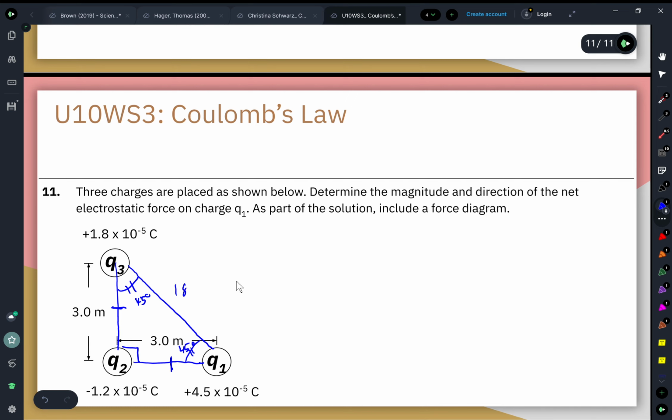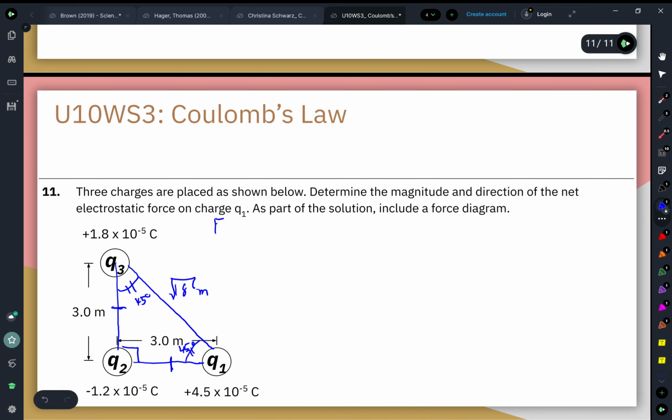But what that would end up meaning is that square root of 18 meters is the length between charge 1 and charge 3. The reason why that's important is if we're trying to determine the net electrostatic force on charge Q1, we'll need to determine the electrostatic forces between Q1 and Q3 and between Q1 and Q2, and then combine them using a force diagram. So we would need to know the distance between them.